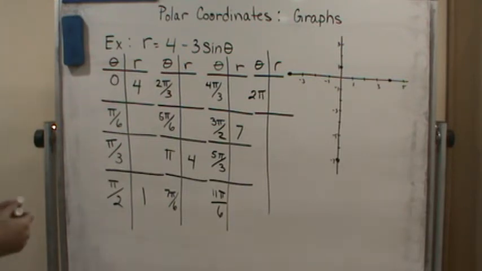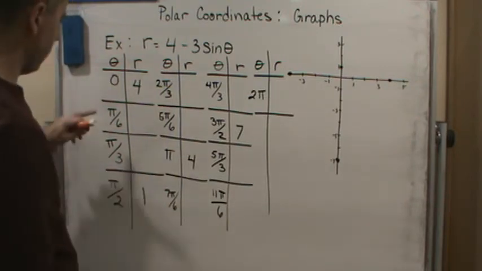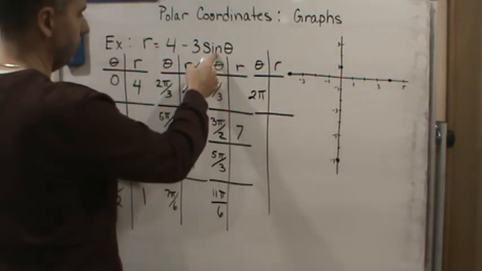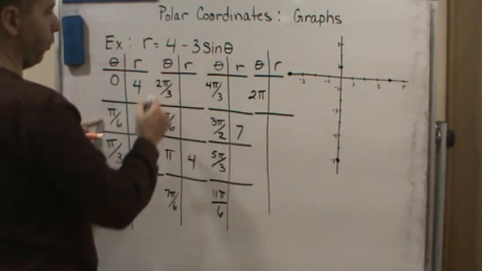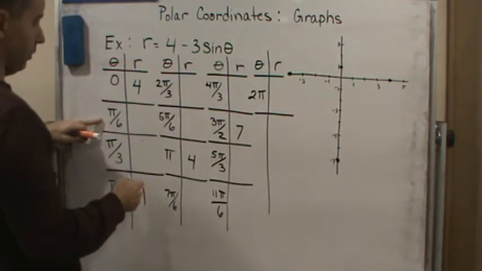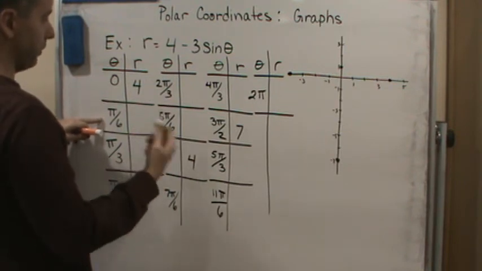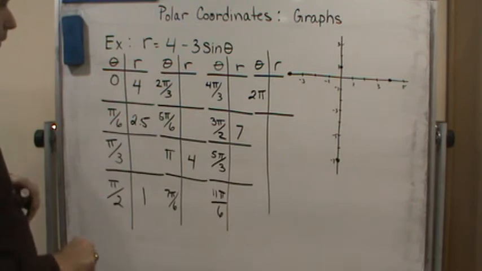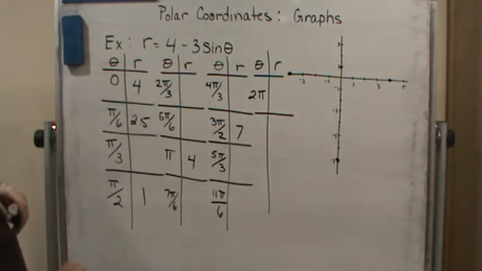Okay, now let's fill in the rest. So pi over 6, so sine of 30 degrees is 1/2. So this is going to be 4 minus 3/2, which is 1.5, so that's going to be 2.5. Okay, good.